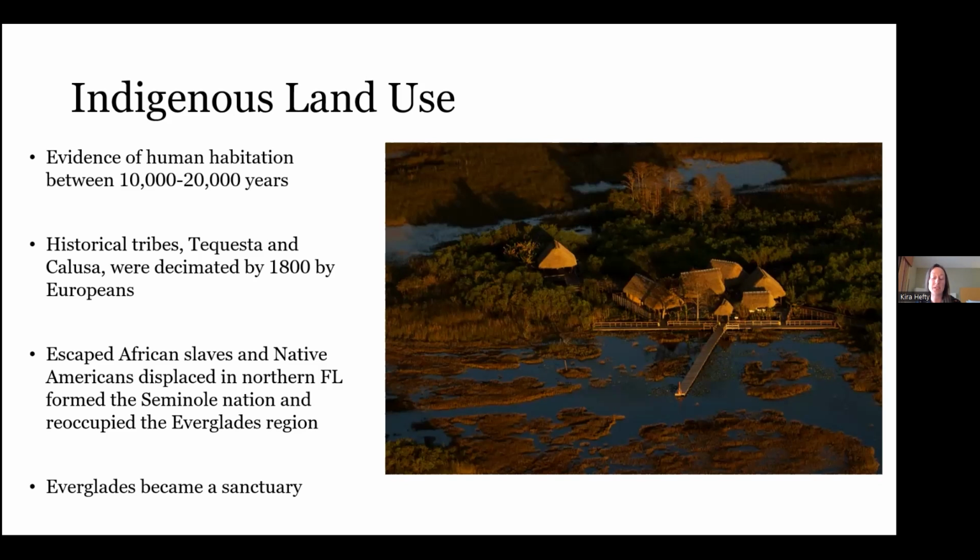It really became a sanctuary for Native American people, because this area is so difficult to traverse, given the nature of the terrain. It became a safe haven that the Native Americans, primarily the Miccosukee tribe and the newly formed Seminole tribe, which included some escaped African slaves and other Native American communities, began to occupy.